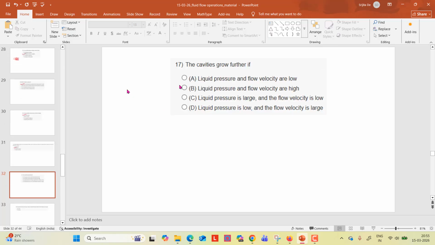The cavities grow further. If liquid pressure and flow velocity are high, liquid pressure is large and flow velocity is low; if liquid pressure is low, the flow velocity is large. So cavity will form when the pressure is low and velocity is large. Option D. Next.